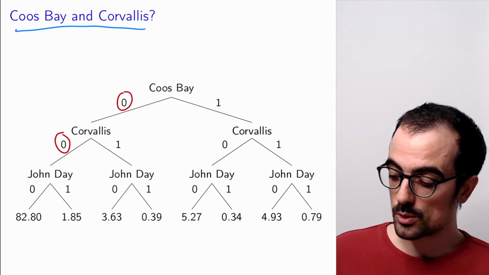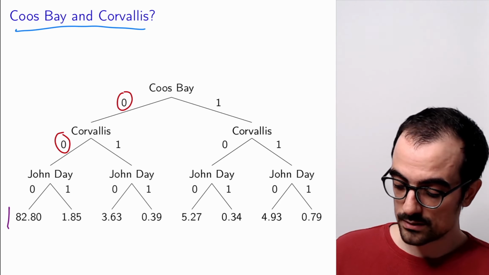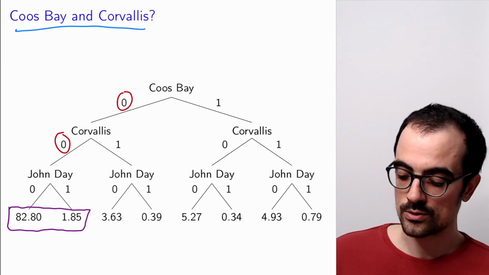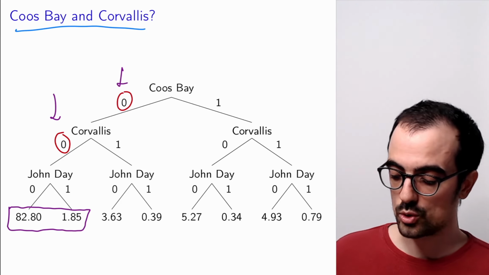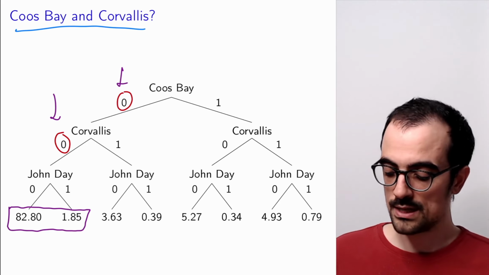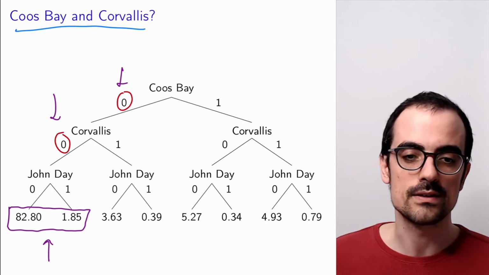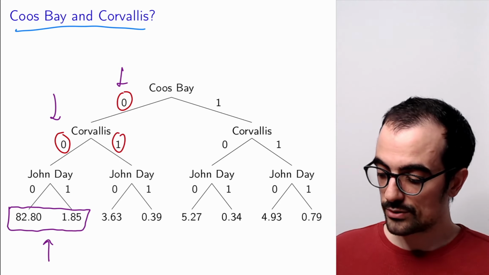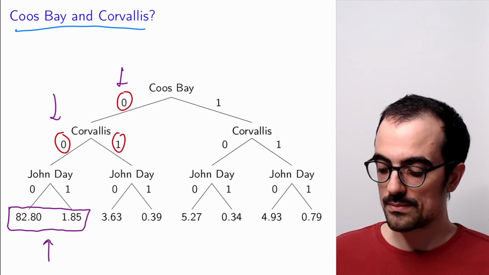How are we going to get that probability? We're going to add the two values for John Day that correspond to Coos Bay equals 0 and Corvallis equals 0. Adding those two values is going to give us that entry of the joint PMF. For the other entries of the joint PMF, we do something very similar.